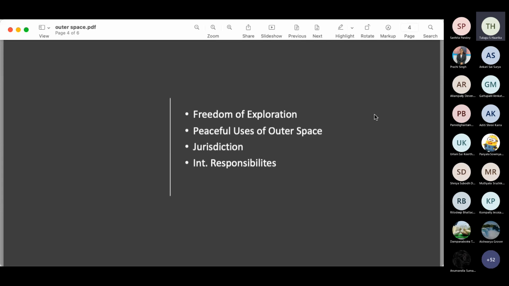So the whole ideology of this particular treaty is to promote international cooperation in the use of outer space, right? It also encourages, by providing various limitations, nation states in sending their celestial bodies across the orbit and across outer space. Right?